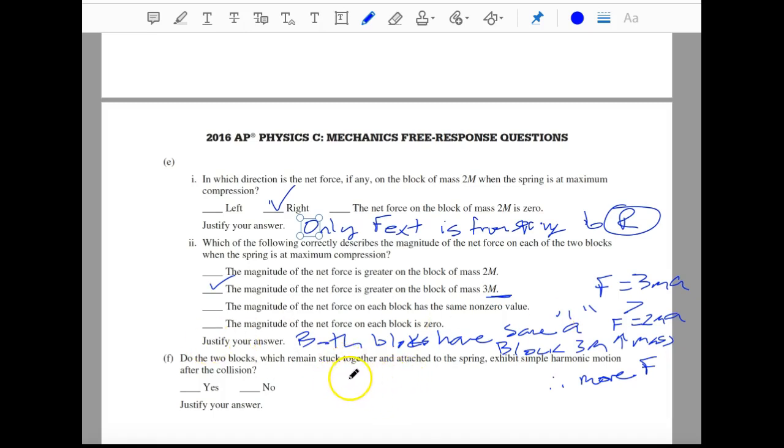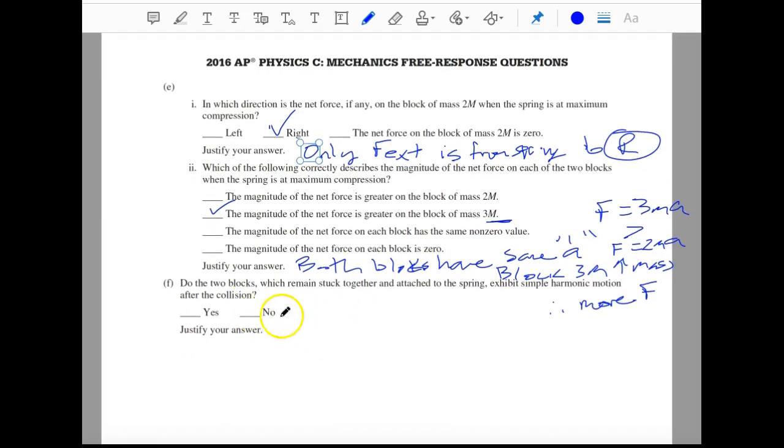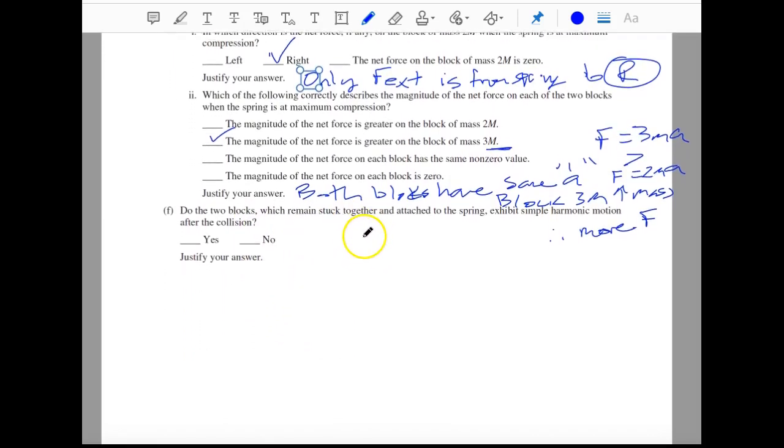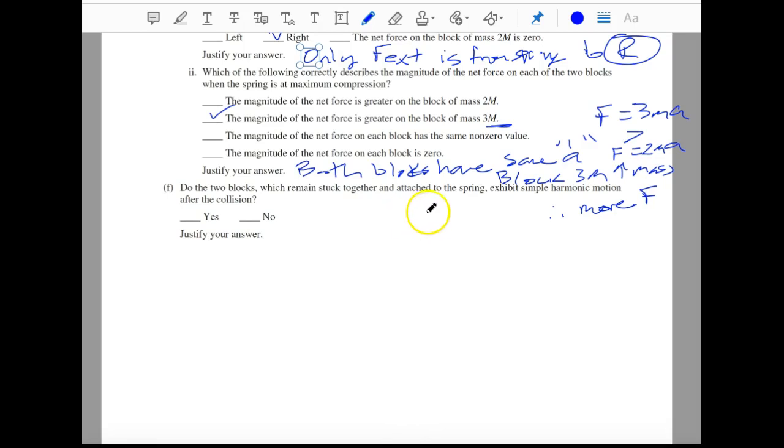And then for the very last part of this problem, it says, do the two blocks, which remain stuck together and attached to the spring, exhibit simple harmonic motion after the collision? And the answer here is going to be no. Because it is not a linear spring, and simple harmonic motion is the resulting motion of a linear force.